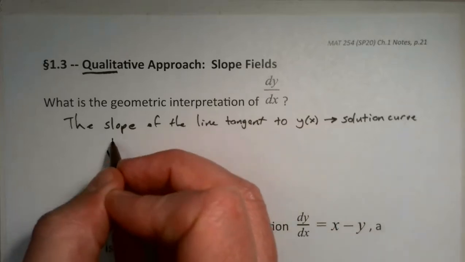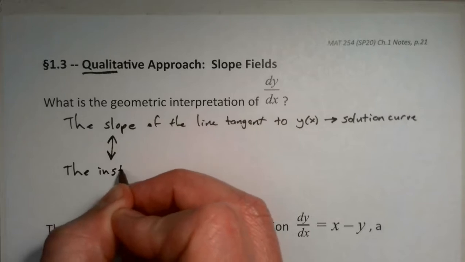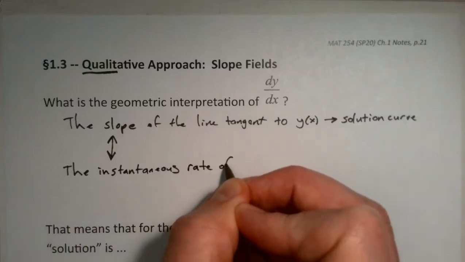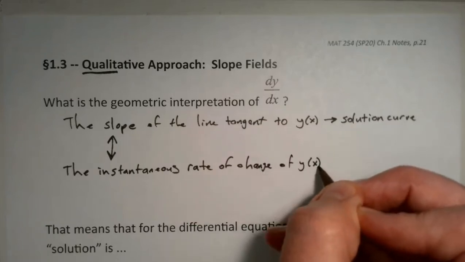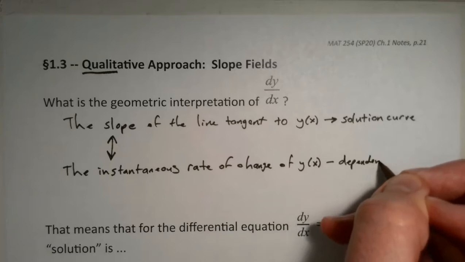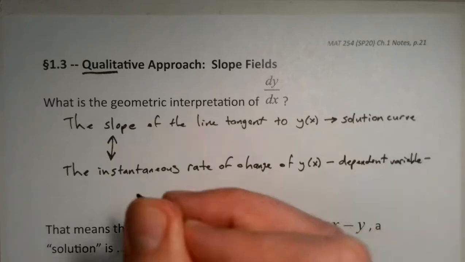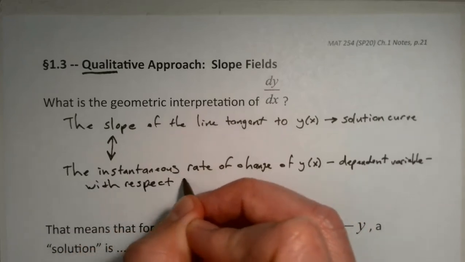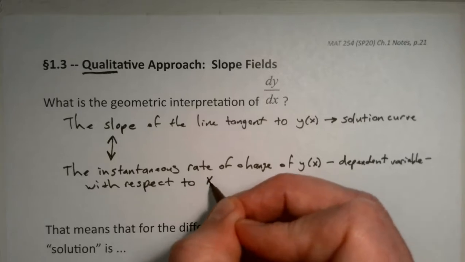But that's interchangeable with thinking about the derivative as the instantaneous rate of change of y of x, the dependent variable, with respect to t, or in this case x, the independent variable.